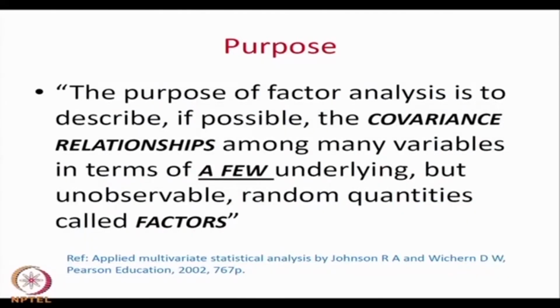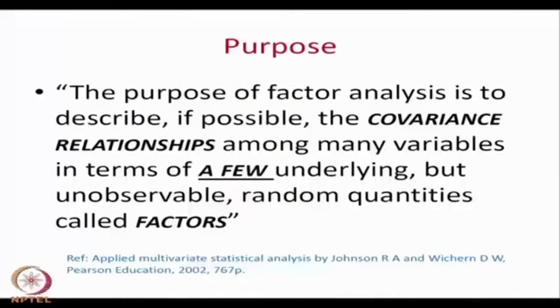And what is information in your data set? That is the covariance matrix. So, factor analysis uses the covariance matrix. So, the purpose of factor analysis is to describe, if possible, the covariance relationship among many variables in terms of a few underlying but unobservable random quantities called factors.